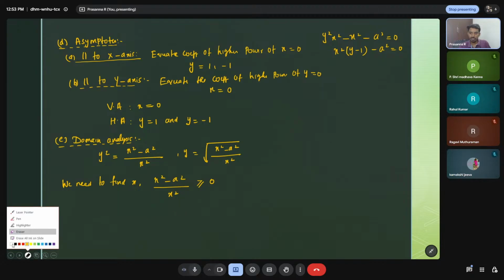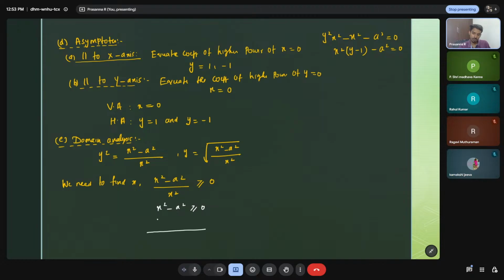So what I will do is, this implies x square minus a square is greater than 0, because x square is always positive for any x. So we need to find where this is positive or 0. So this is a quadratic, right? The quadratic is greater than 0. The roots are minus a and plus a, and you see that the outputs are equal to 0 or positive in the intervals minus infinity to minus a and a to infinity.